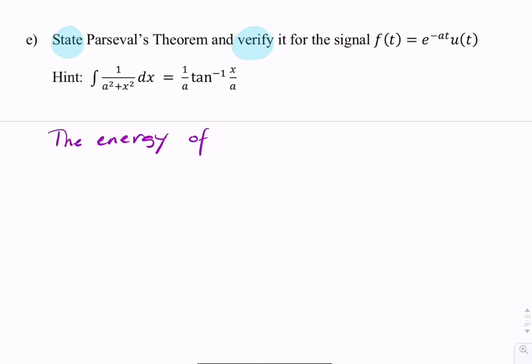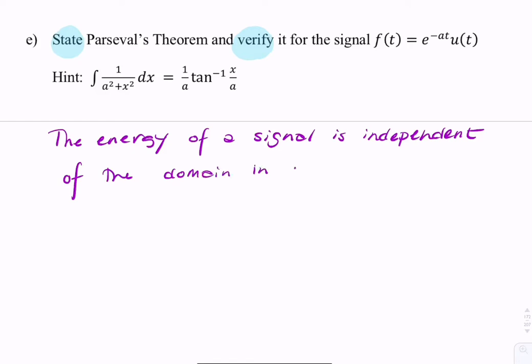The energy of a signal is independent of the domain in which it is calculated. Energy, independent, domain, those are the key words.